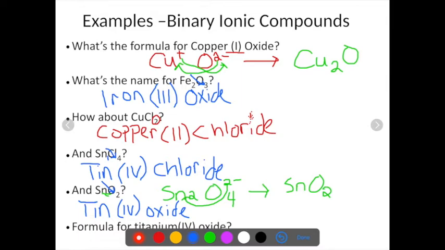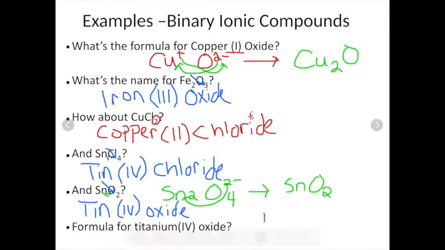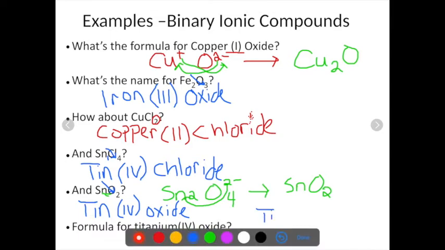Okay, last one, titanium(IV) oxide. I think going from the name to the formula is a whole lot easier. So titanium, the symbol is Ti. Okay, it has a +4 charge because it's in the name. And then oxygen has a -2 charge. So again, we're going to have to reduce it.